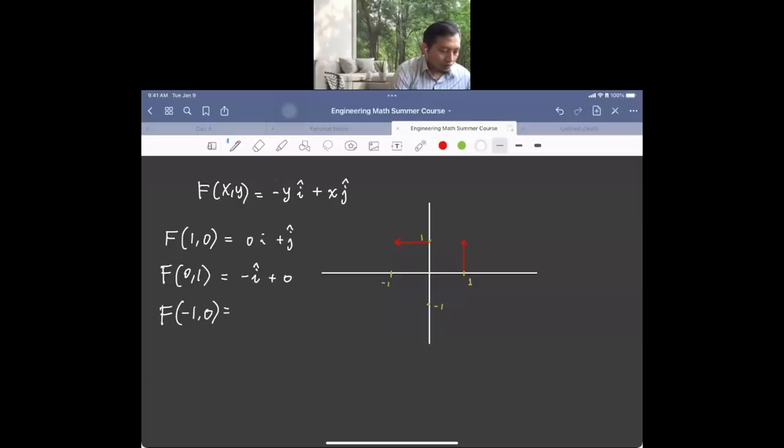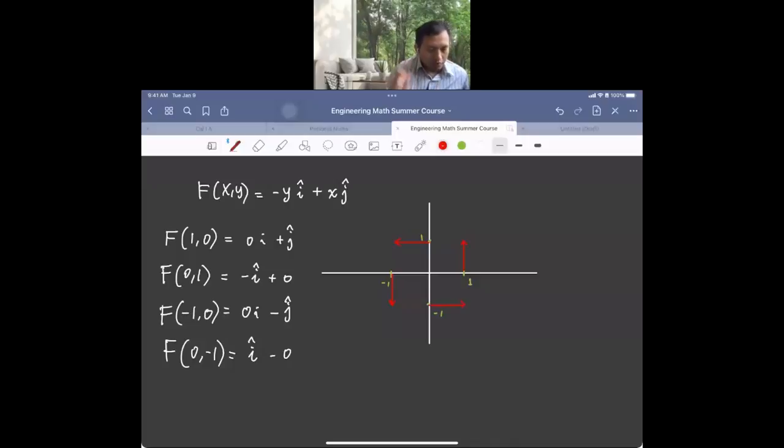So this will be 0, and then minus j, so it's going down 1 unit. And going one more here, this is going to be -1, so it's going to be positive i, and then 0. Positive i is the x-axis, so it's going to the right 1 unit, or maybe a little bit down here, so I can draw a little bit down.